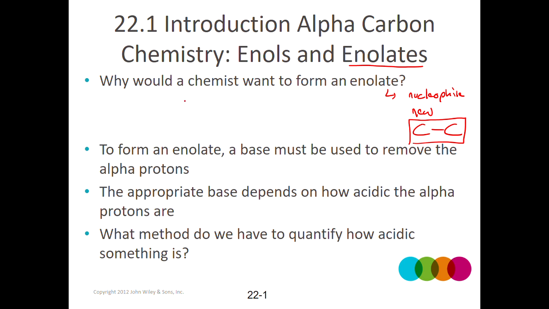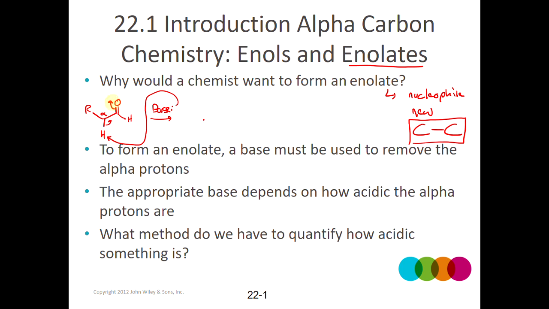So the idea here is, if I have a carbonyl compound, maybe an aldehyde for simplicity's sake, and there's even a single proton on the alpha carbon, there could be maybe another R group. If the right base is used, and we're going to talk about some options for bases today, that proton can be removed.